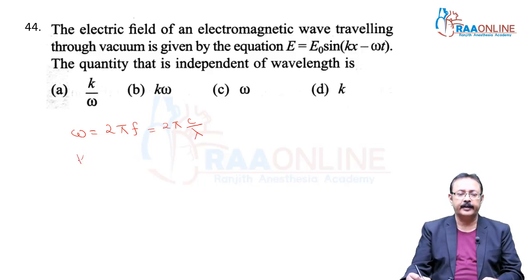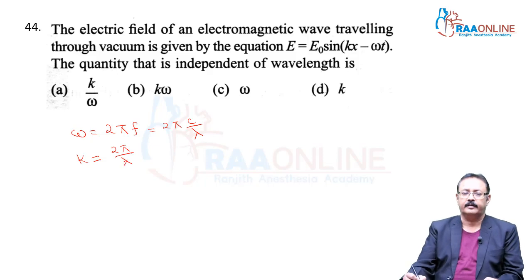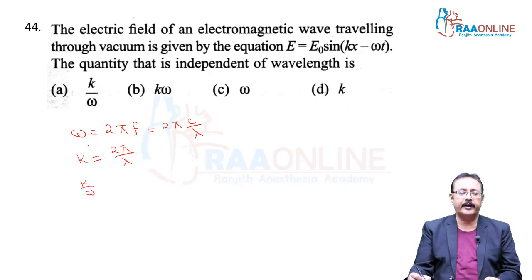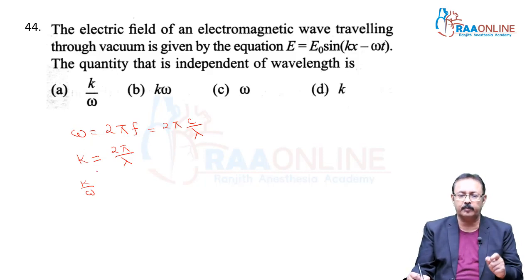Again, k alone is not independent of lambda because it is 2 pi by lambda. But if you divide omega by k or k by omega, this 2 pi by lambda will cancel out. So k upon omega is given in the option. Dividing omega by k or k by omega, both are independent of lambda. So we will go with option A.